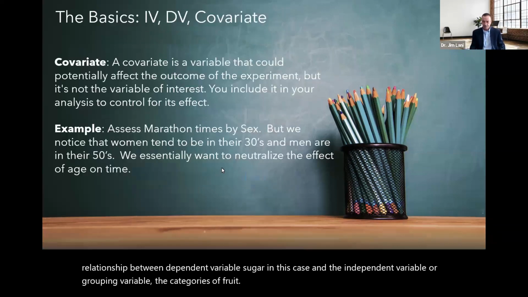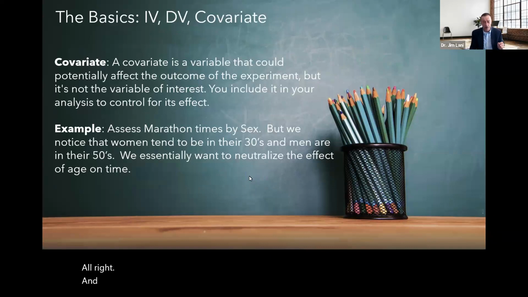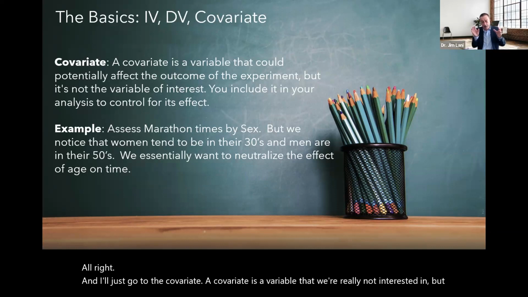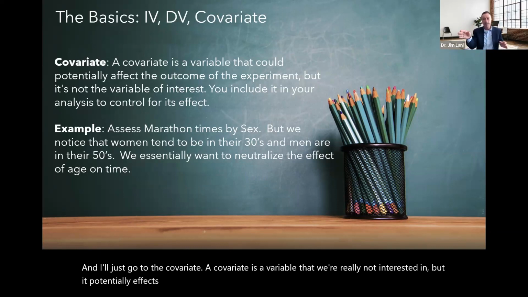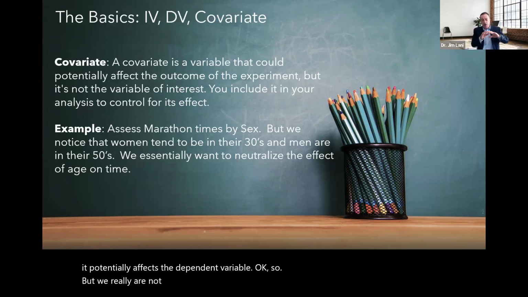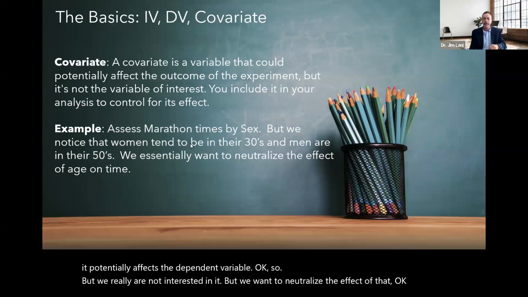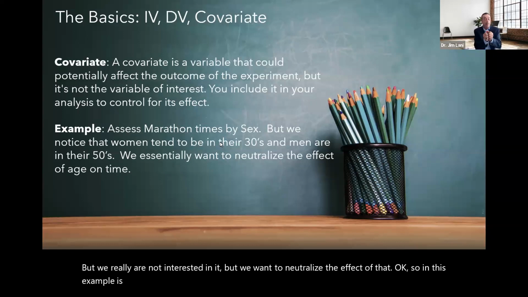All right. And I'll just go to the covariate. A covariate is a variable that we're really not interested in, but it potentially affects the dependent variable. Okay. So, but we really are not interested in it, but we want to neutralize the effect of that. Okay. So in this example, I said, well, we want to examine how fast people can run a marathon by sex. Okay, great.